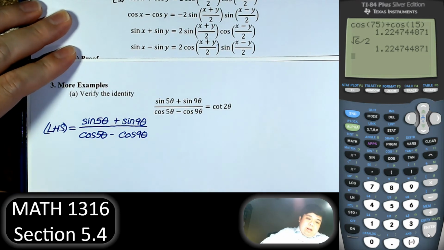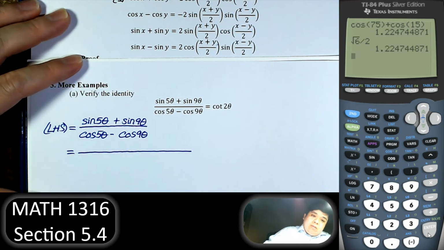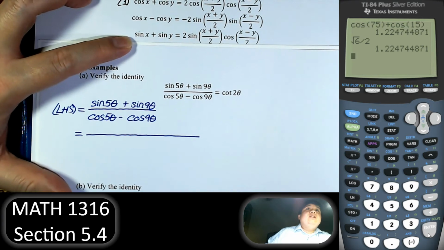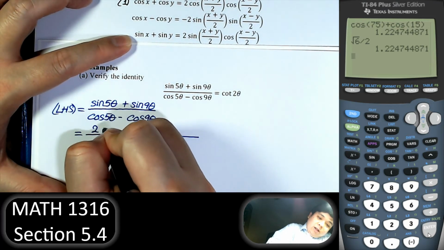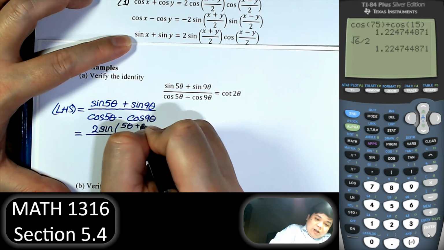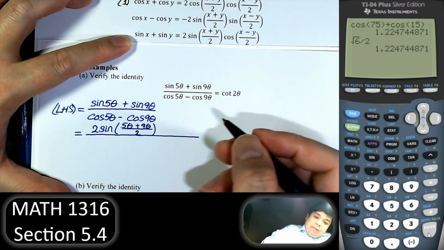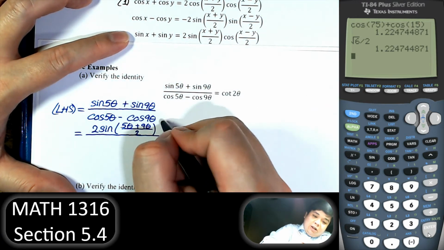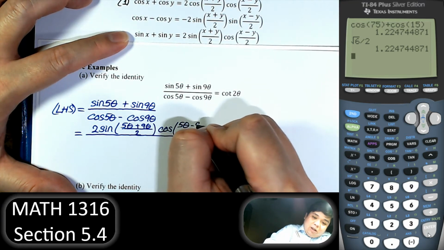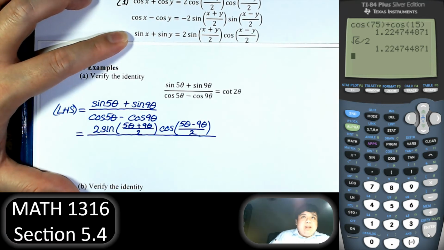So first, on the top, we have the sine plus sine, so it will be 2 times sine of 5 plus 9 divided by 2, and then cosine of 5 minus 9 divided by 2. Right, that's what we have for the top.